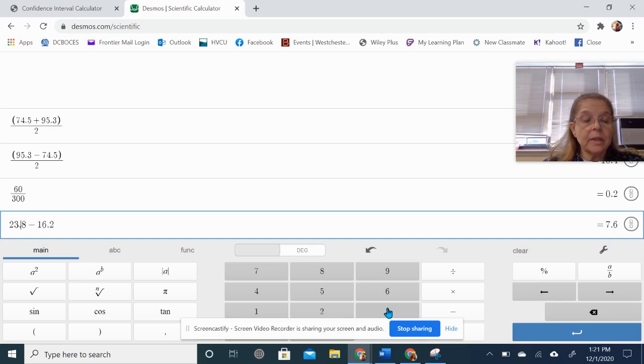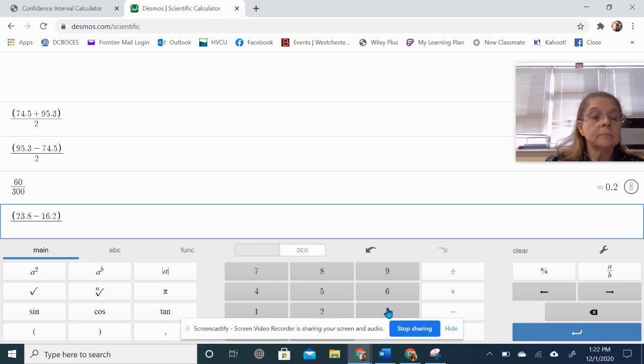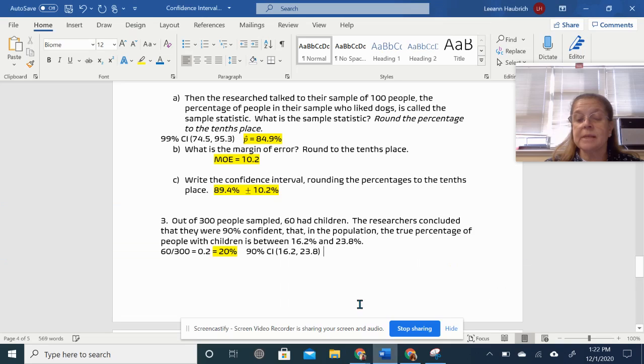Let me back this up and put the parentheses on because I forgot them again. And then divide that by 2 and 3.8, just like I said. So we know that the MOE is going to equal 3.8%.